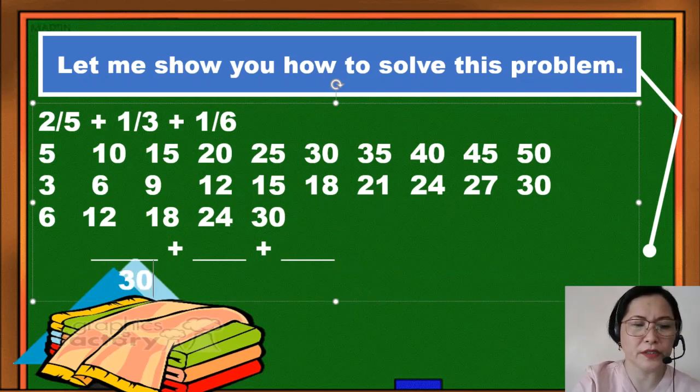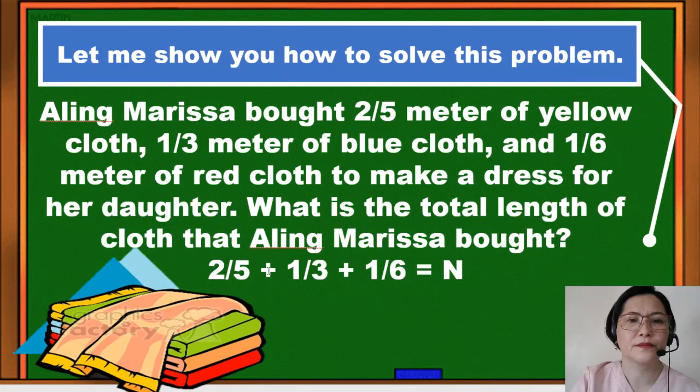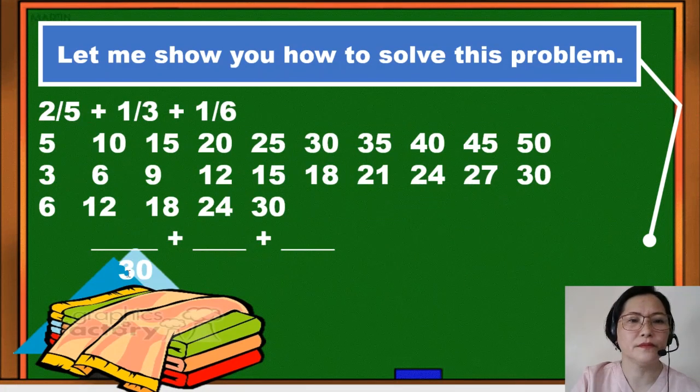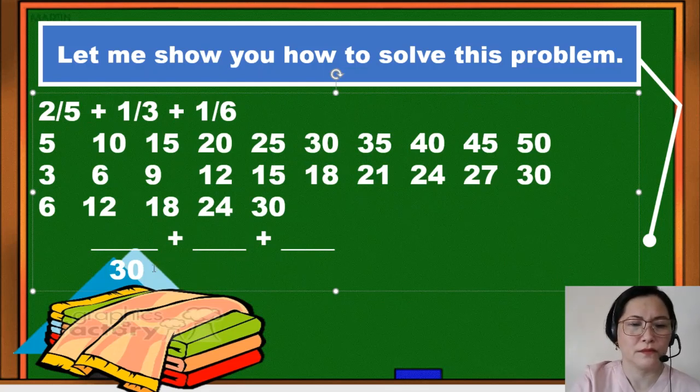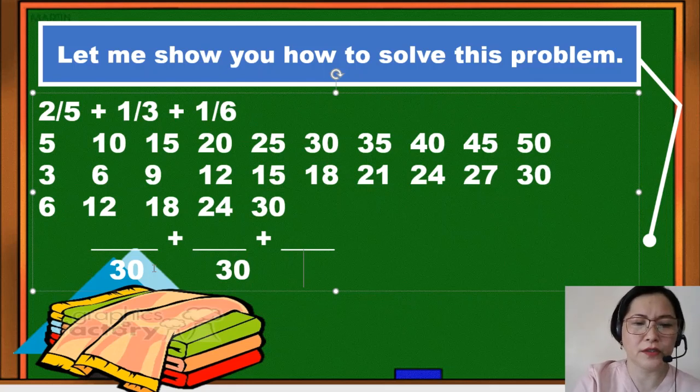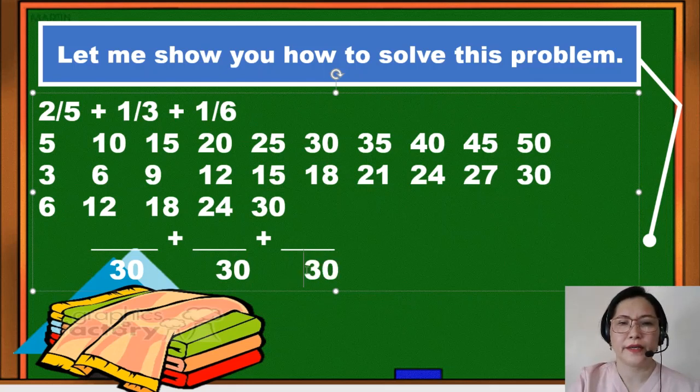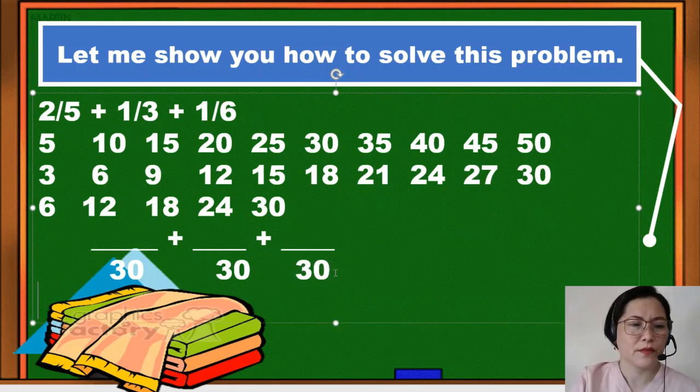Here 30. And here 30 as well. Okay, so we can now divide to get the new numerator.